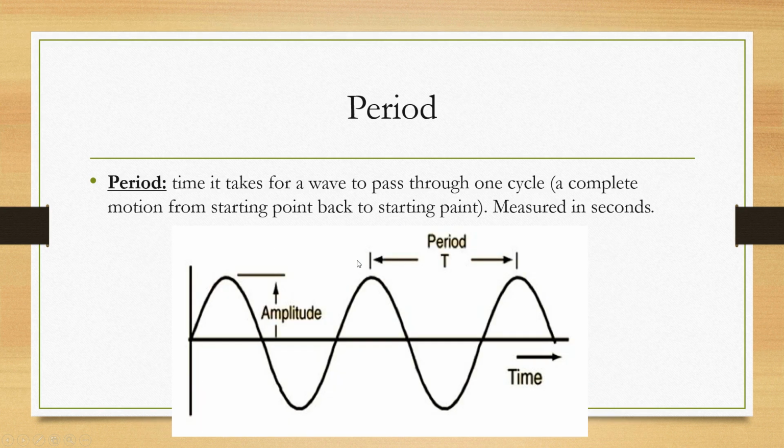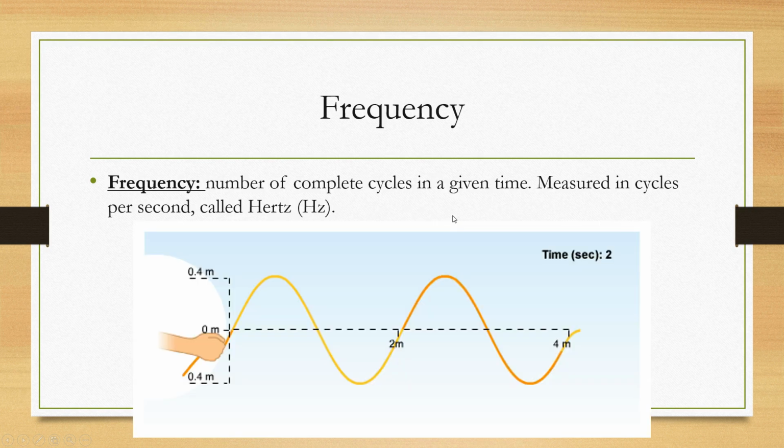So if period is the measure of how much time for one cycle, so the seconds in one cycle, frequency is the cycles in 1 second. Okay, so they're kind of inverses of each other. So we measure these in cycles per second, and this is something called a hertz, an HZ, hertz.